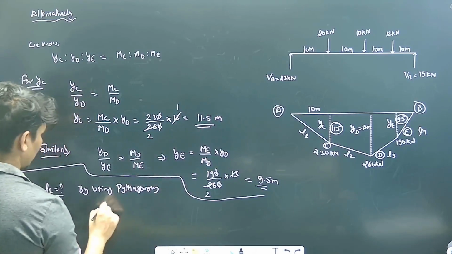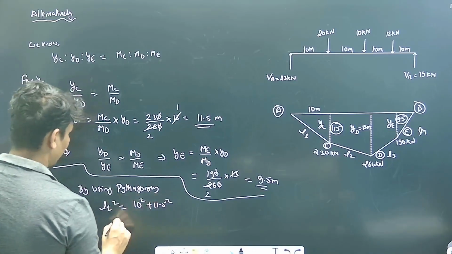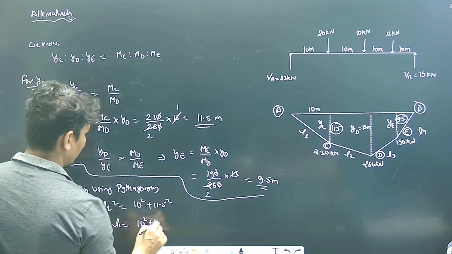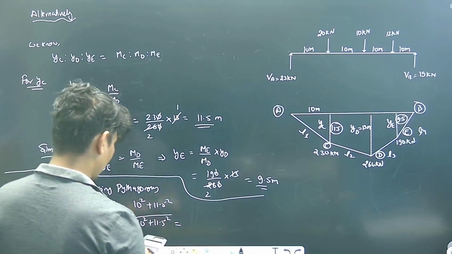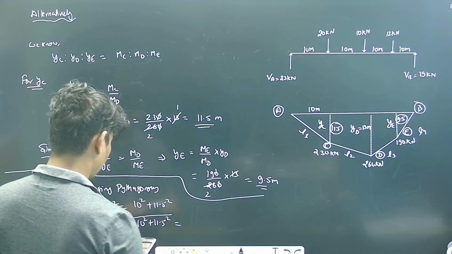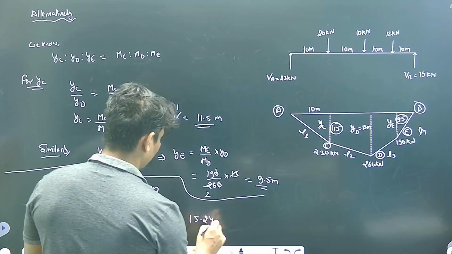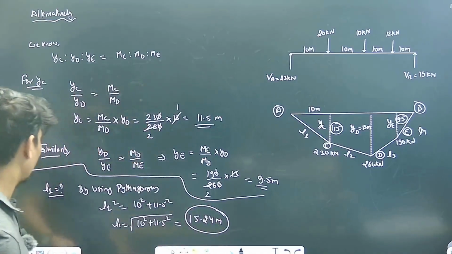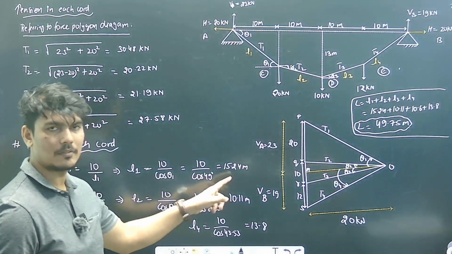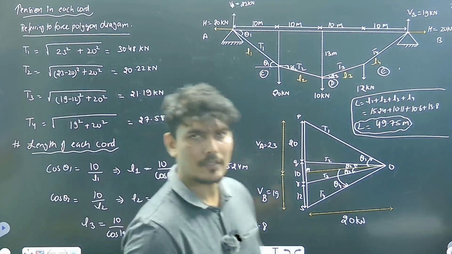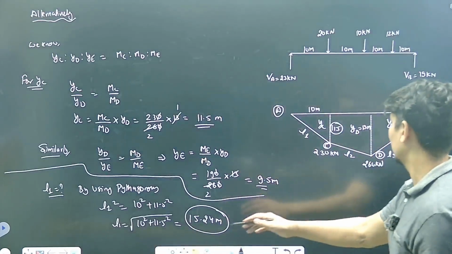One can say L1 square is equal to 10 square plus 11.5 square, or L1 is equal to the square root of 10 square plus 11.5 square. Answer, it's 15.24 meter. Check it: L1 is 15.24. Just by applying trigonometry, you can alternatively find the further lengths, right?